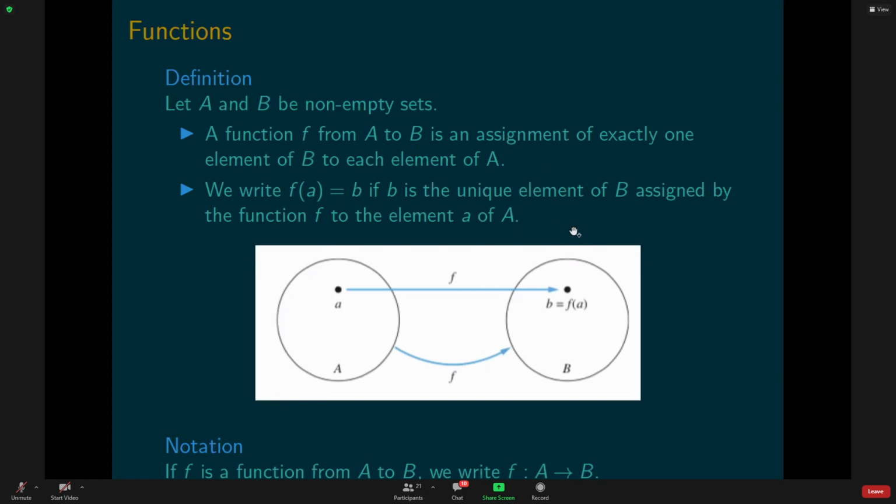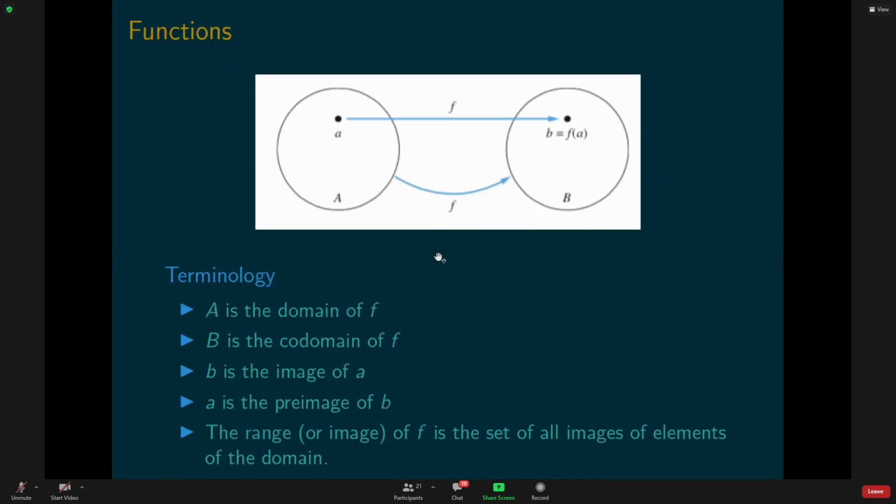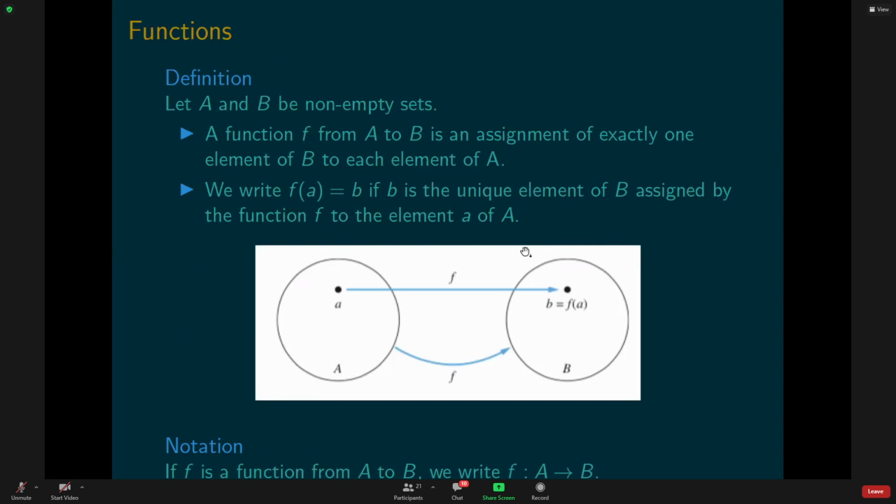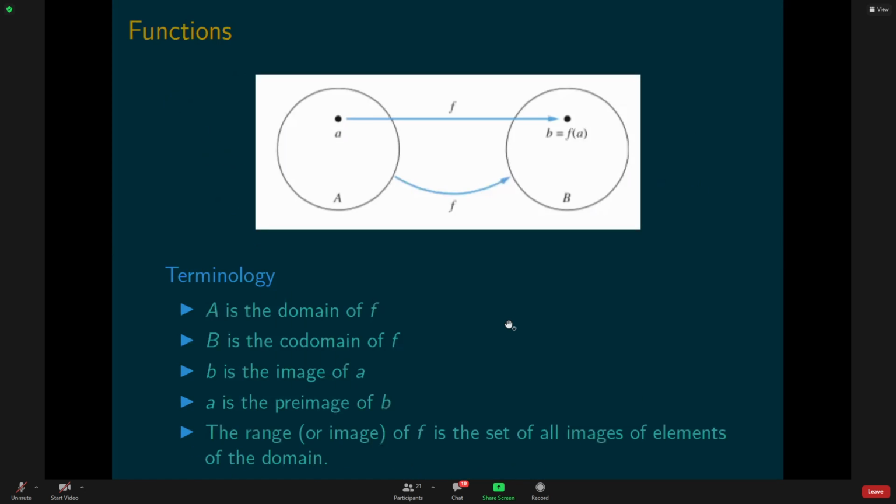And then we have functions. Other questions until here? No. So for functions, a function is an assignment of elements from A to elements of B. I will not spend too much time on this because you have seen it many times, right?